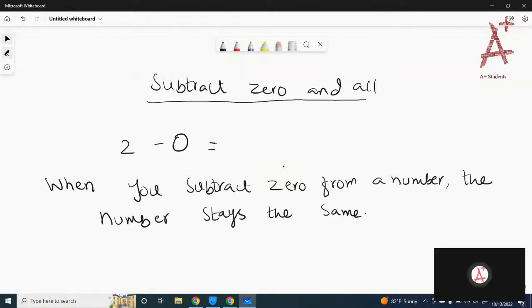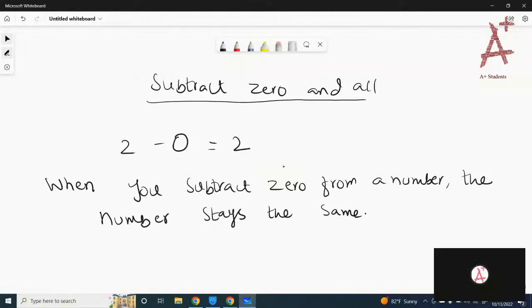So when you subtract 0 from any number, the number stays the same. That means 2 subtract 0 equals the same number, 2. Got it? Let's look at another example.